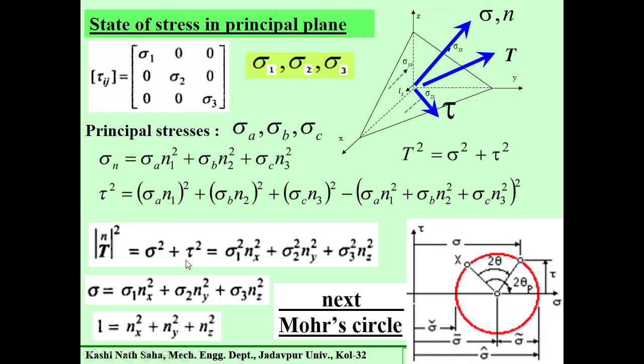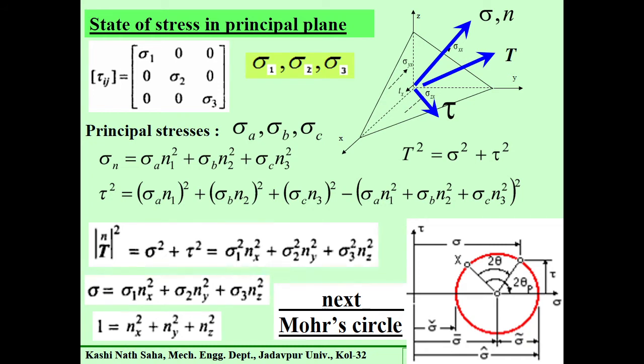Another component is given by this tau. So T square is sigma square plus tau square. We can compute tau as the square root of T square minus sigma square. We call this tau n and this sigma n.